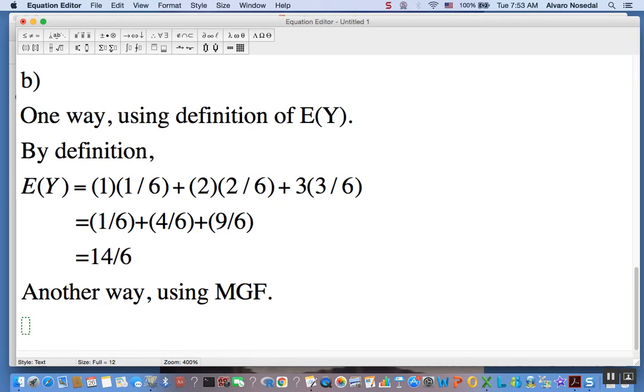So let's do that. First step, let's find the derivative of the MGF with respect to t.